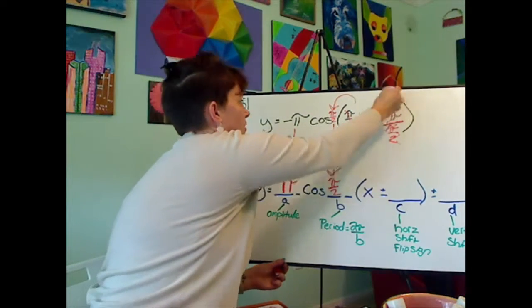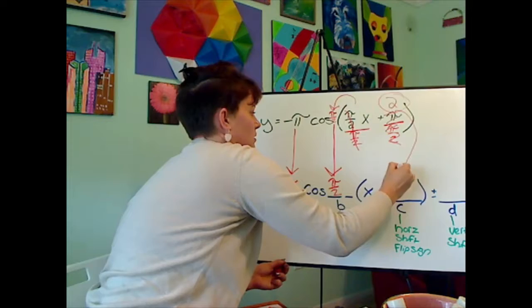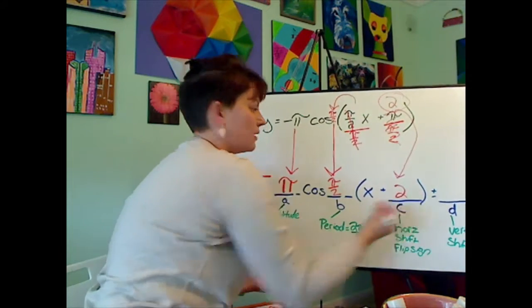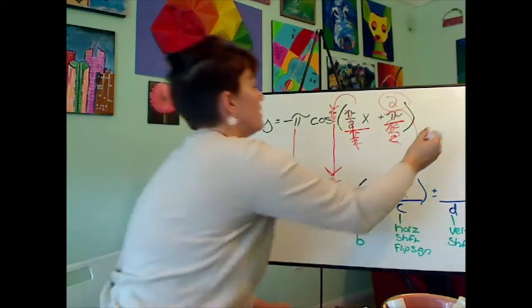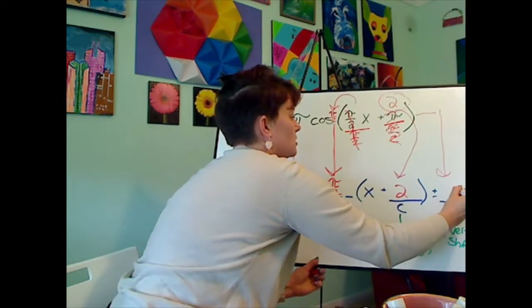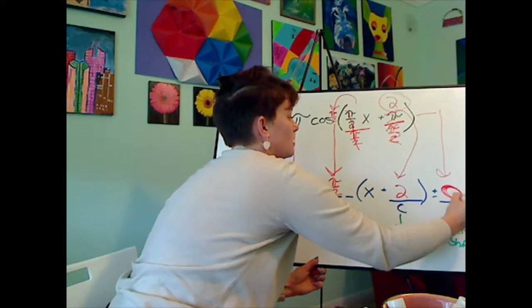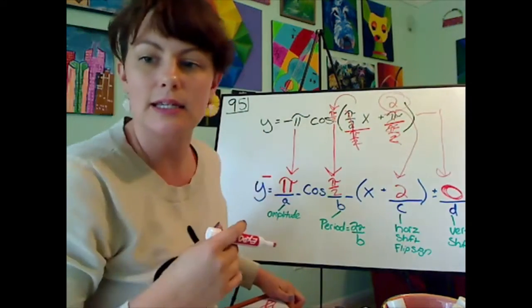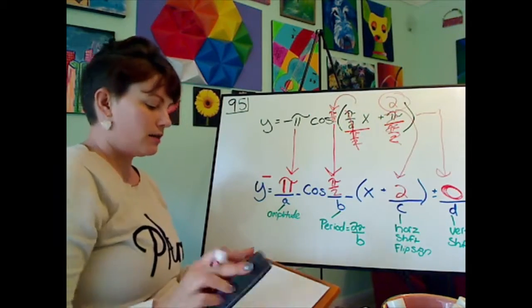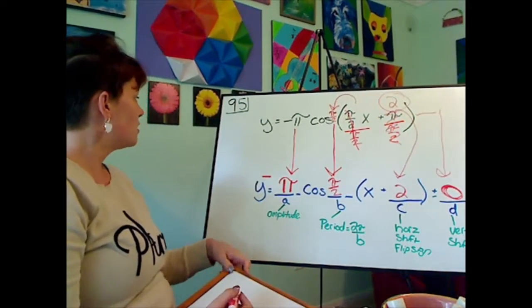Our C value is positive 2, and eventually we're going to have to flip that sign. And then our D value, you don't see anything, so it's just 0.